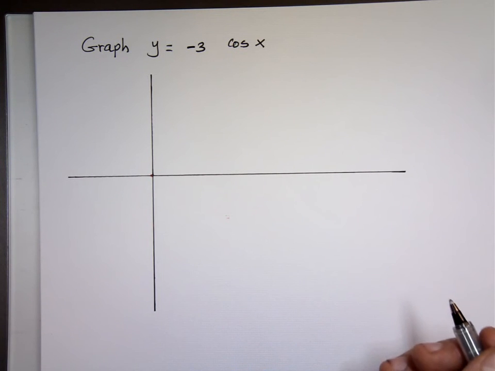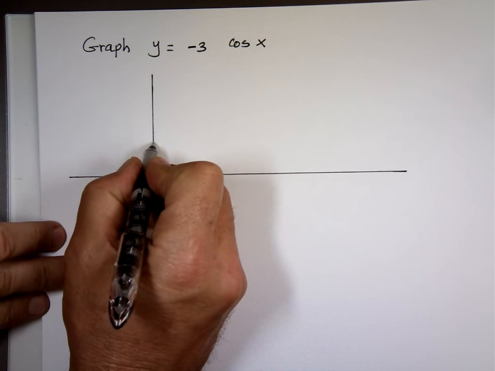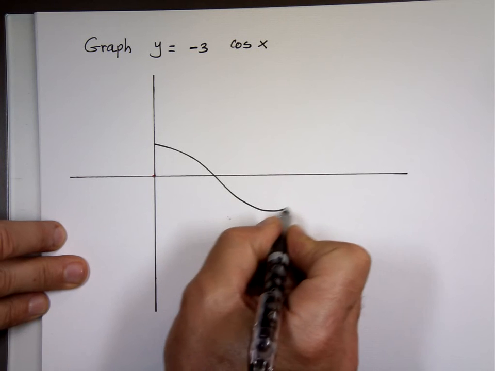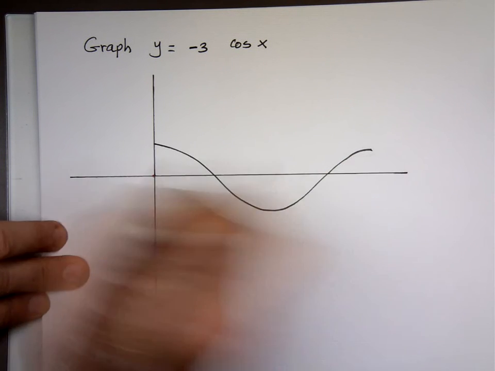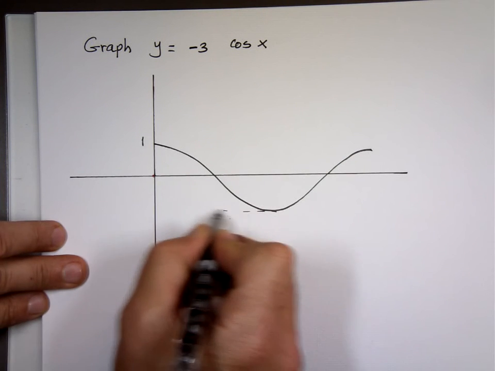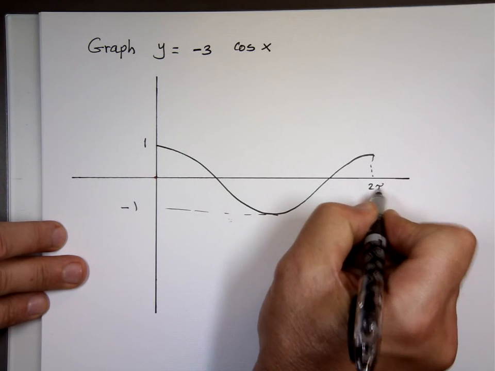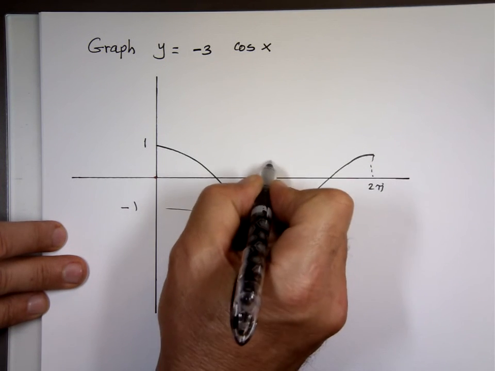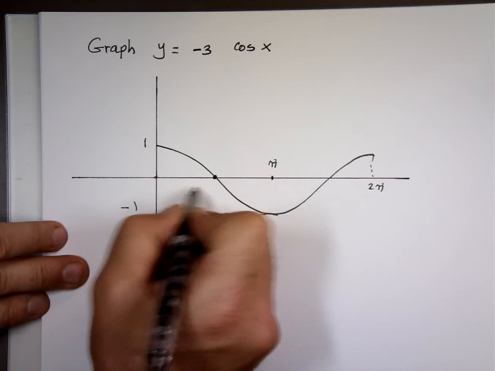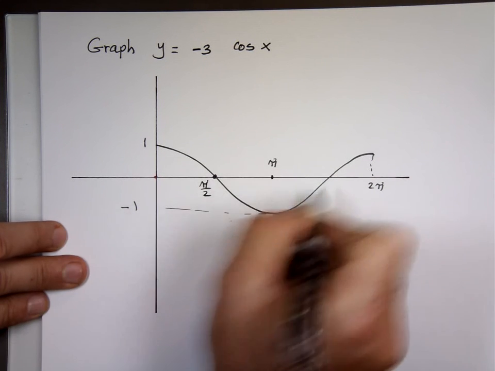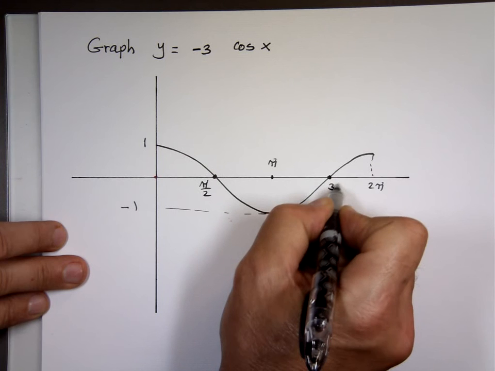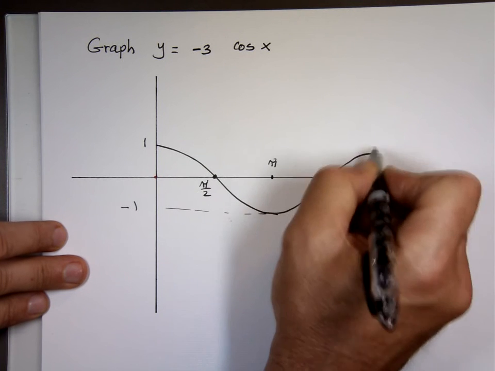So cosine of x looks like this. This is 1 and this is negative 1, 2 pi, pi over 2, 3 pi over 2. So this is the basic cosine function.